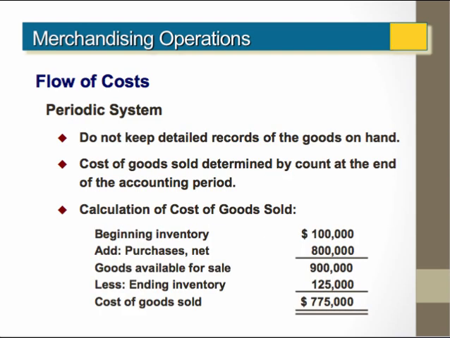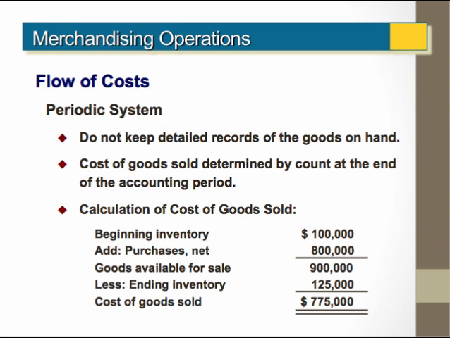The periodic inventory system is still used by many companies just because of its simplicity. We can calculate the cost of goods sold by taking the beginning inventory and adding the purchases to give us the goods available for sale. We subtract out the ending inventory to get the value for cost of goods sold.